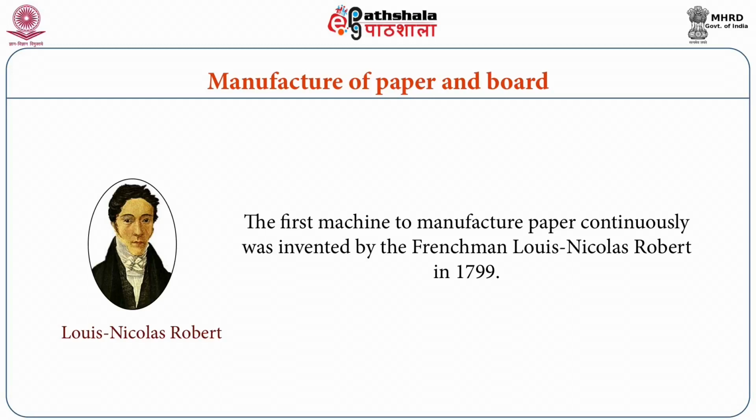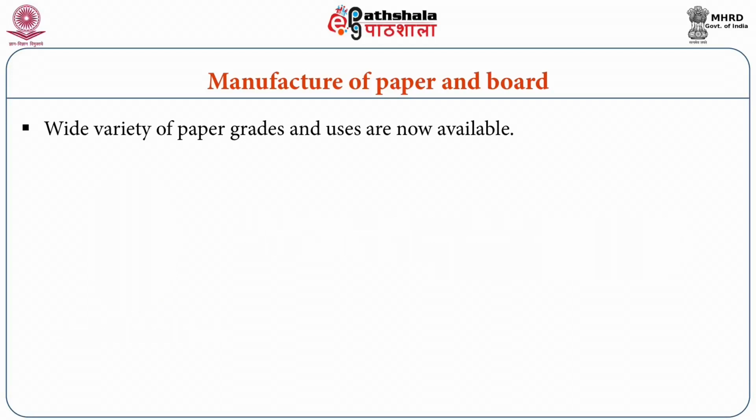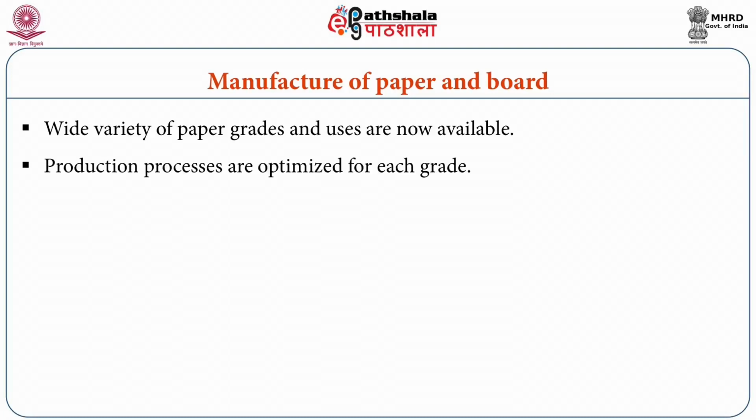Originally intended purely for writing and printing purposes, a wide variety of paper grades and uses are now available to the customer. Each paper or board grade is produced on equipment tailored for this particular grade and mill. Production processes are optimized for each grade.